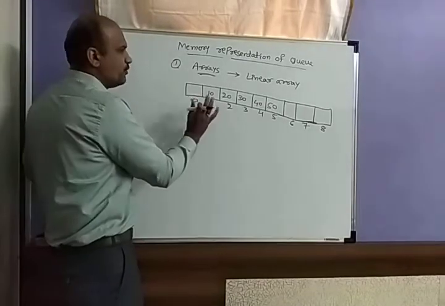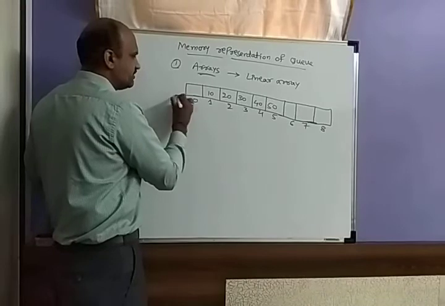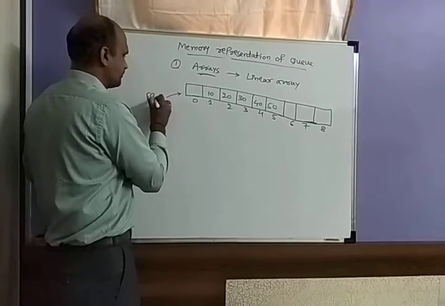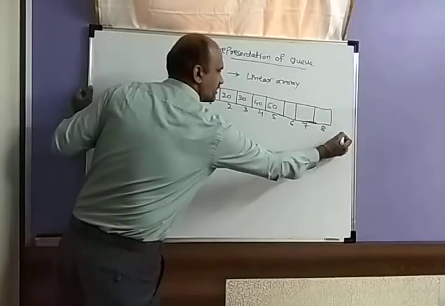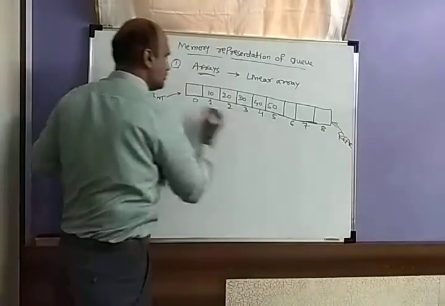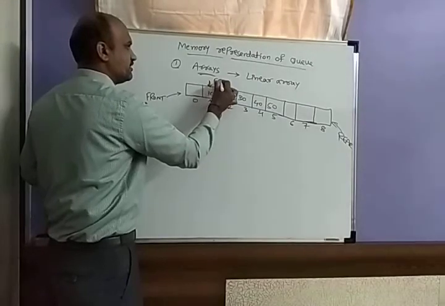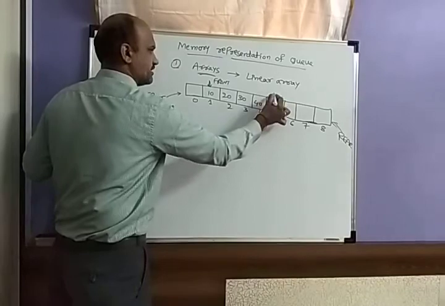Okay, so now where is the front and where is the rear? As I told you, this side will be the front, because we delete from one end and insert from the other end, which is the rear. Now the front is here, and the rear is where the last element is, here.